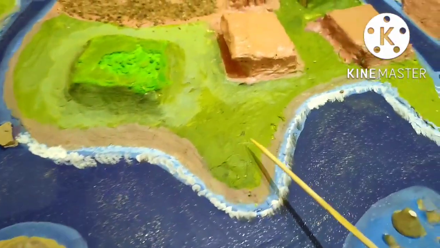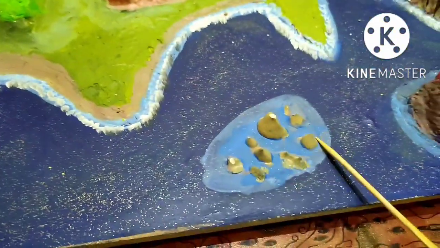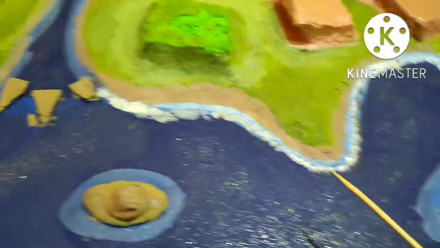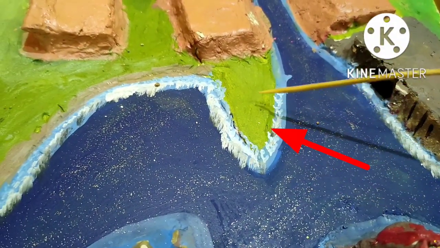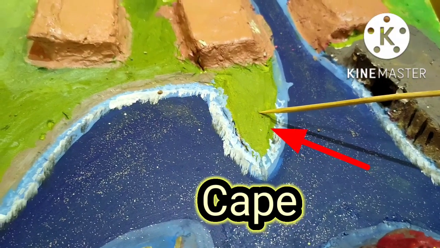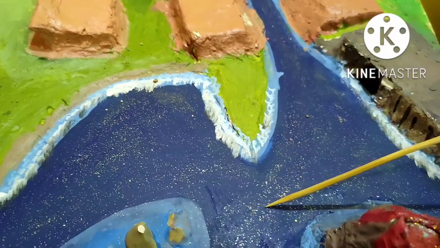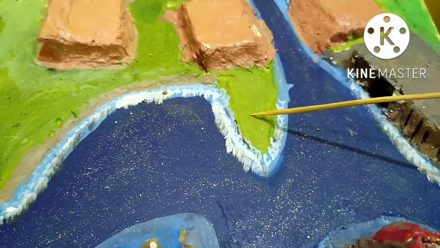This is island, this is peninsula, and this is archipelago, a group of islands. When the land comes into the water, that is called a cape. So here the land comes into the water, this is called a cape.